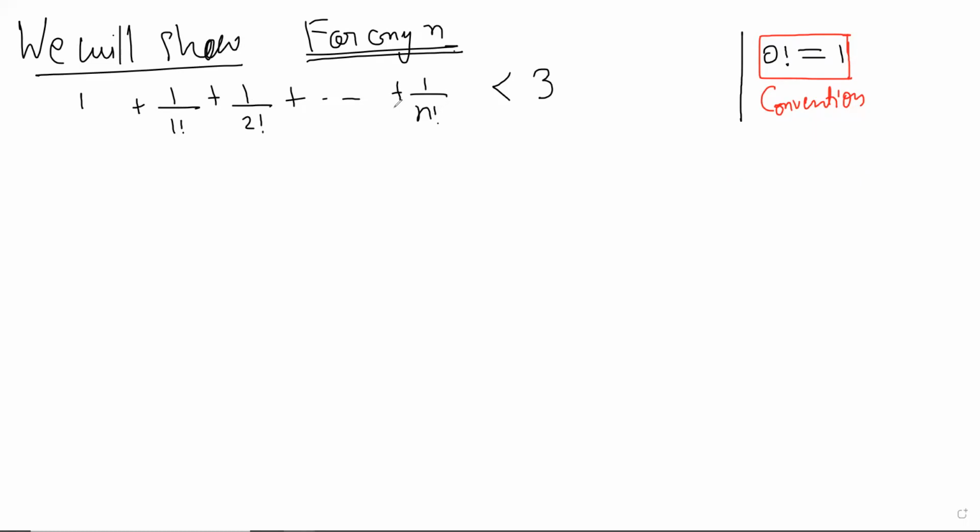So try to compare it with the powers of 2. Can we say, no. Numbers are getting closer and closer to 0.